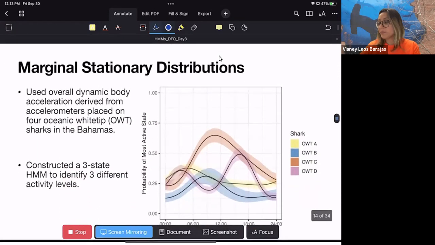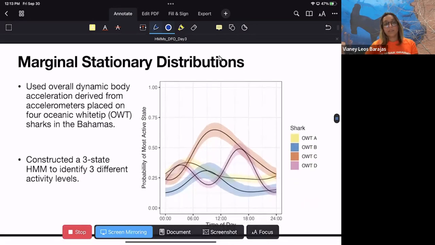So for example, in one of my recent papers, we used overall dynamic body acceleration derived from accelerometers placed on 4 oceanic whitetip sharks in the Bahamas. We constructed a 3-state hidden Markov model to identify 3 different activity levels for these sharks. And then the key question was, well, do the activity patterns of these sharks vary across time of day?